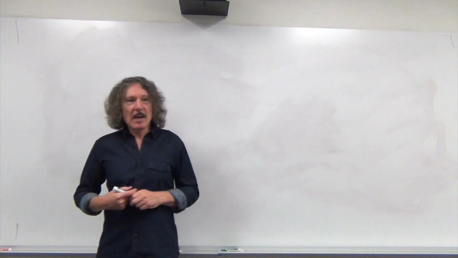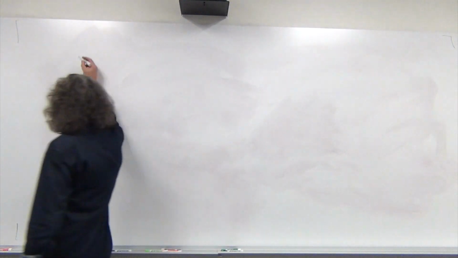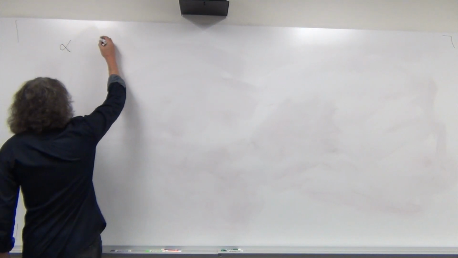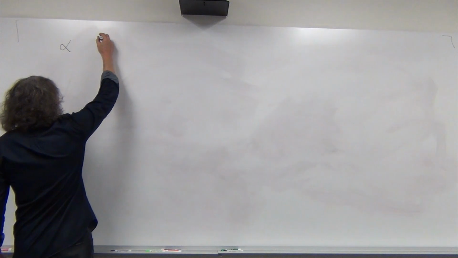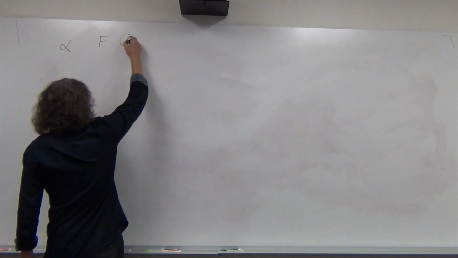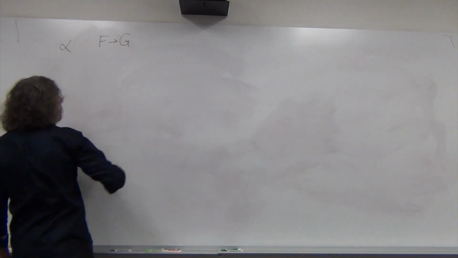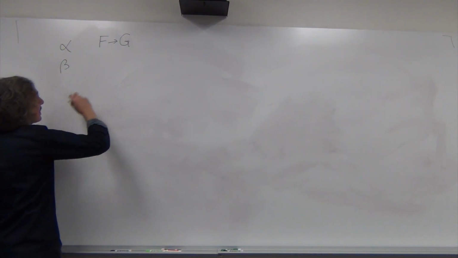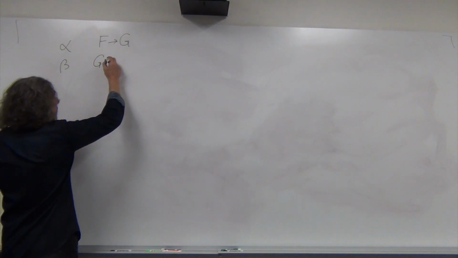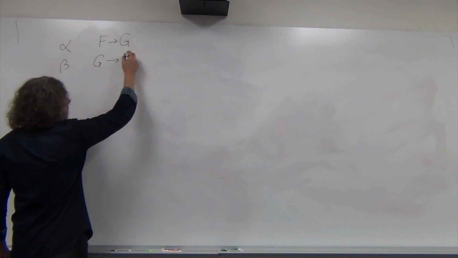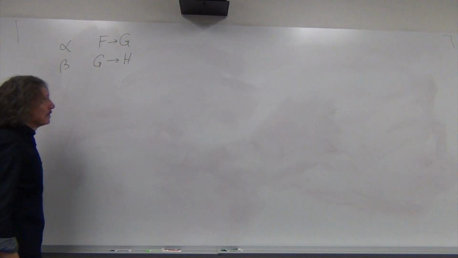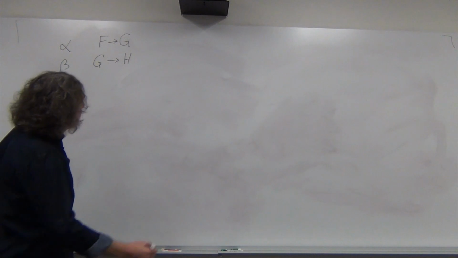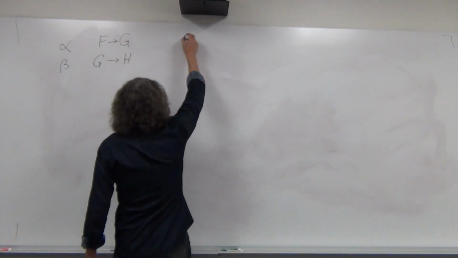So we would have one natural transformation alpha between functors F and G, and we would have another transformation, let's say beta, between functors from G to some H. Let me draw the picture here.